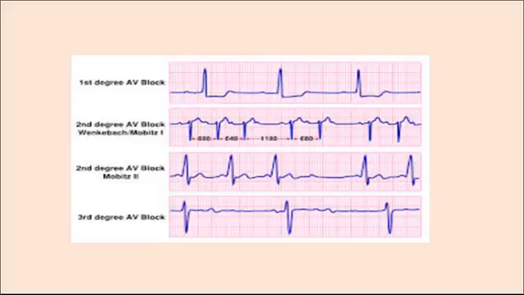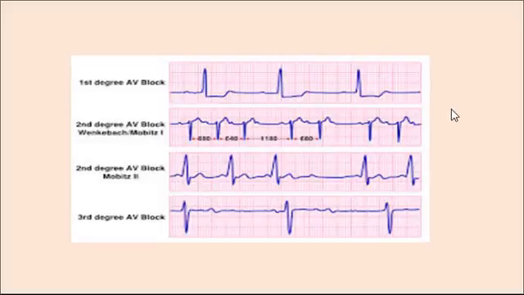So if you're thinking AV block, you'd understand the impulse getting from my atrium to my ventricle, from my SA node to my AV node, is blocked, so my PR interval is going to be greater than 0.20 because I have some sort of AV block.